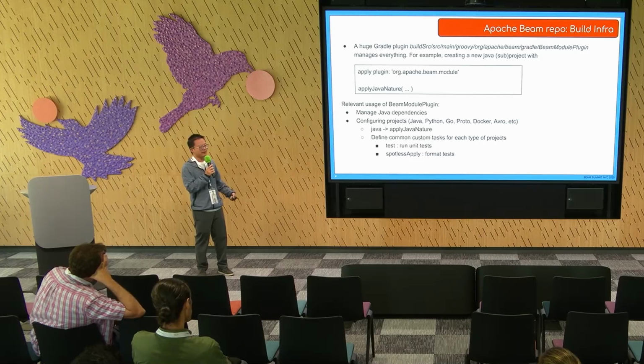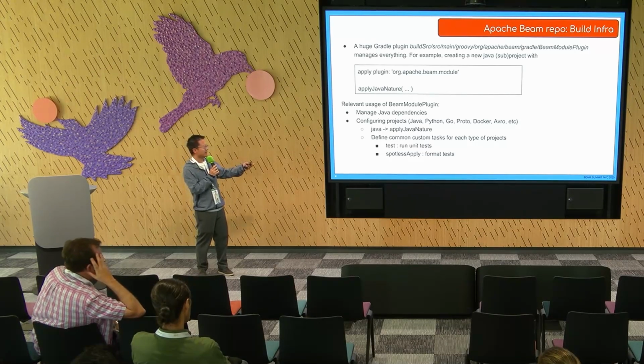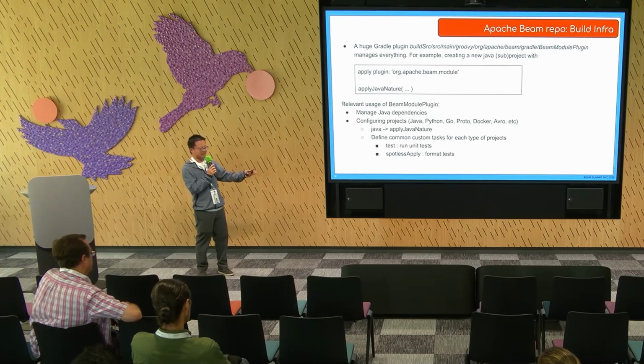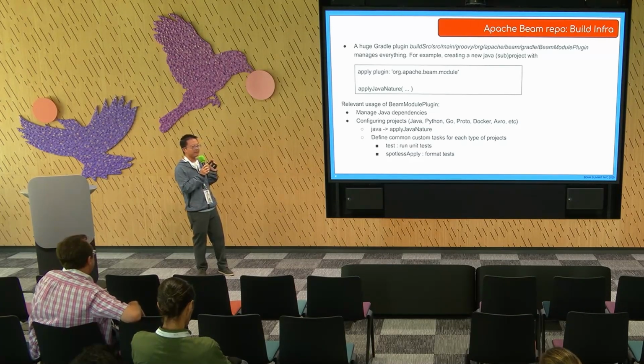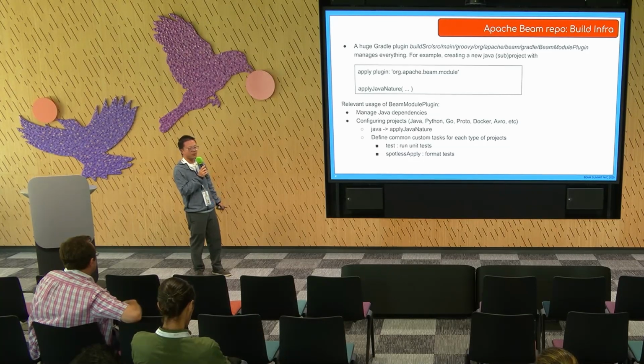If you want to build some artifact, it's called build, and to run unit tests, it invokes the test target of Gradle. So pretty much the Gradle official documentation also applies to Beam in terms of building Beam. That's what we want to keep, even though Beam has become a very huge open source project. You can still use the standard Gradle documentation to follow along.